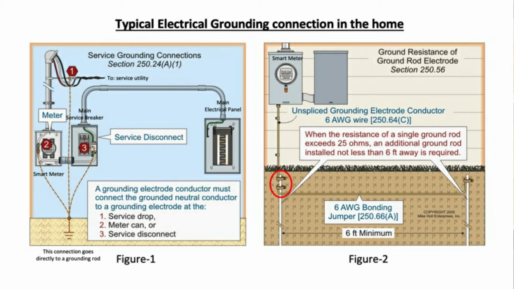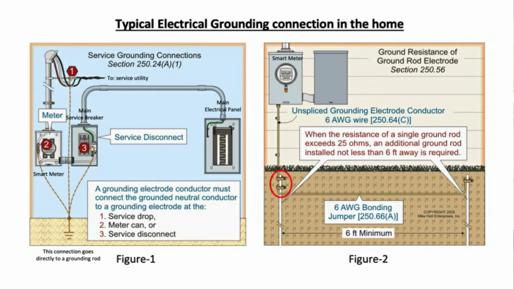But what's important here, and I wanted to show you guys, is that as per the National Electrical Code, when we have a ground rod like this in place that we're using for our main grounding electrode, in this case maybe our cold water pipe doesn't meet the criteria, the resistance of that ground rod has to be 25 ohms or less. And if the resistance is higher than 25 ohms, the code also tells you that you have to supplement with a second ground rod.